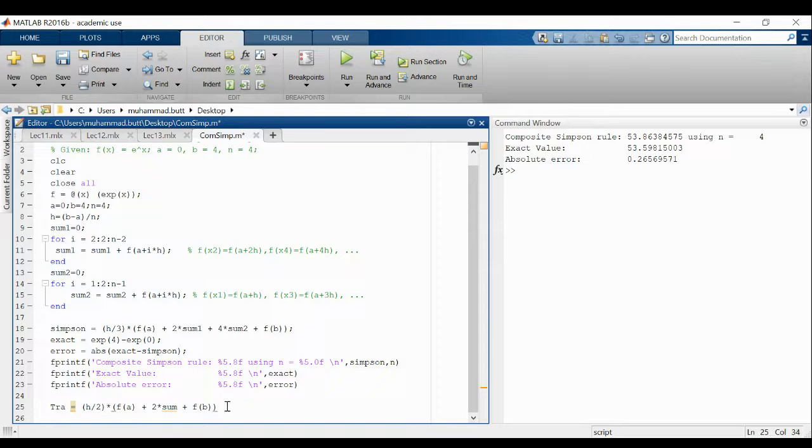So the question is, what will be the sum? This is what you have to find actually. This is the only thing; the rest is similar.